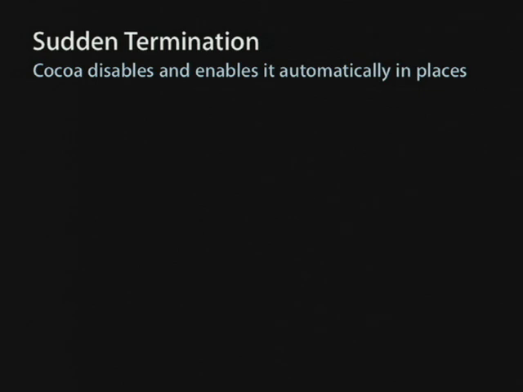Of course, we don't want you to have to scatter invocations of these methods all over your code. That would be terrible. So Cocoa disables and enables it automatically in several places. The first one is the biggest one, and this means you don't have to worry about this all over the place. NSApplication disables sudden termination around invocations of sendEvent. So when NSApplication pulls an event off the UI queue to handle a mouse move or a key down or whatever, it will disable sudden termination around the handling of that.